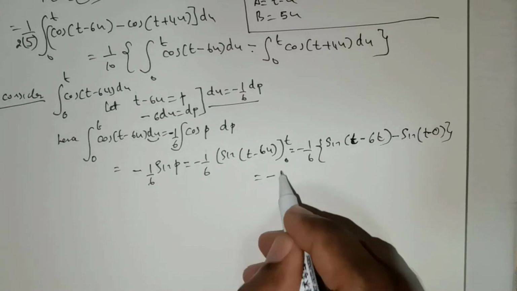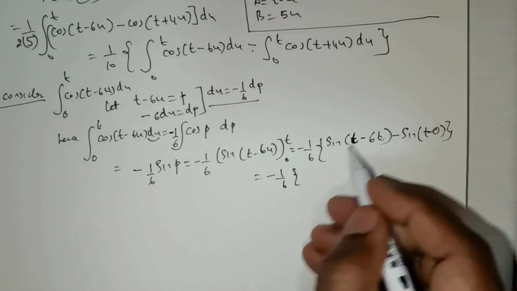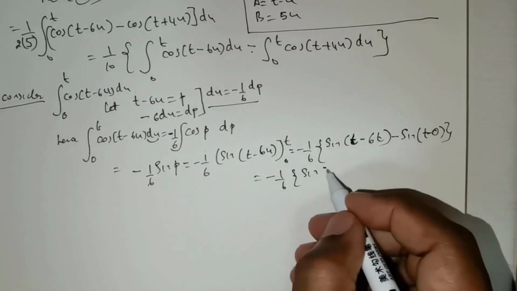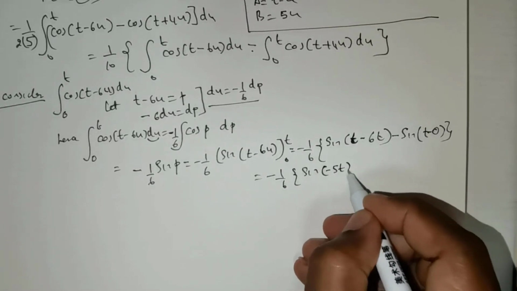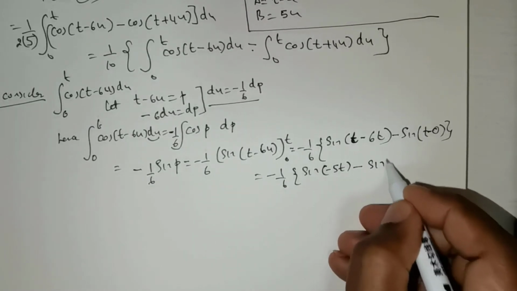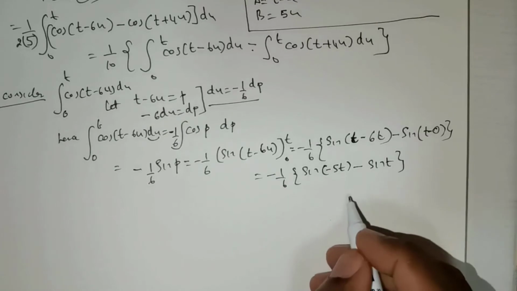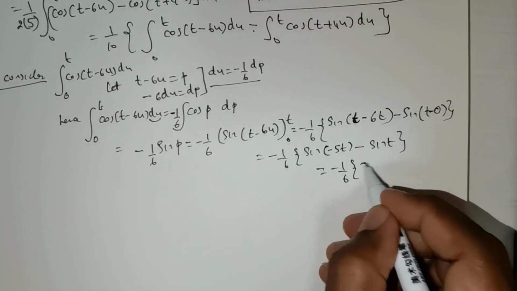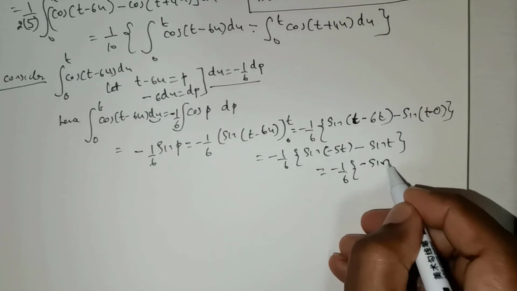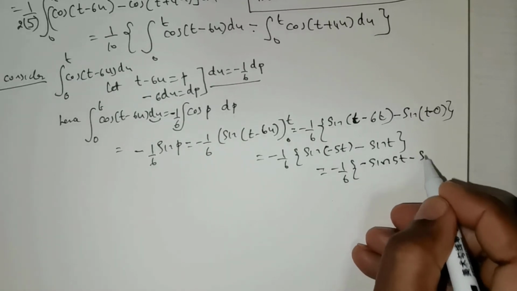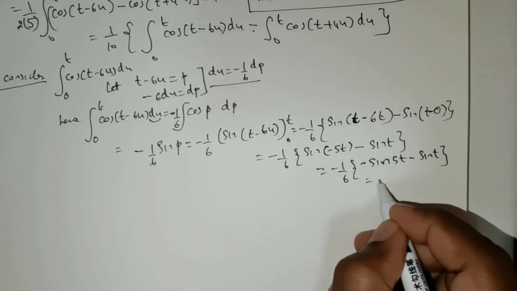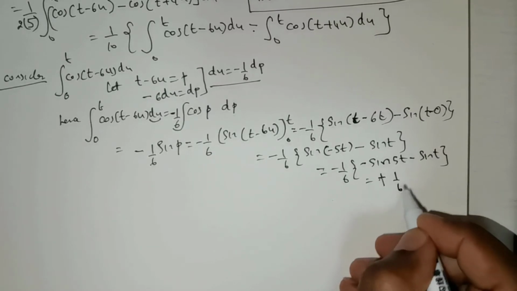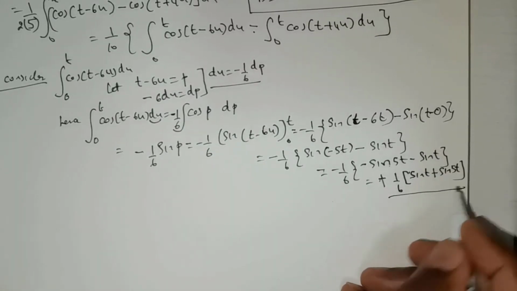So this is negative 1 over 6 times sine of negative 5t, followed by minus sine of t. Now sine is an odd function, so you get negative 1 over 6 with negative sine of 5t, minus sine t. So that's negative negative, positive 1 over 6 times (sine t plus sine 5t).